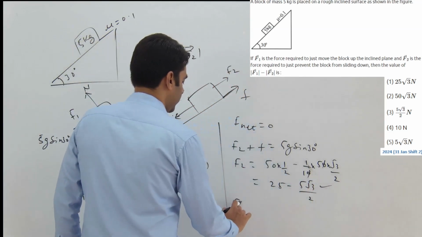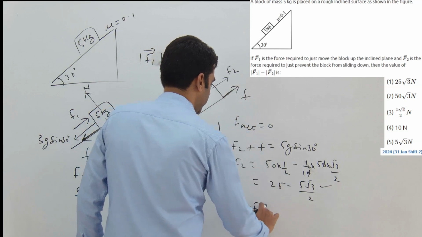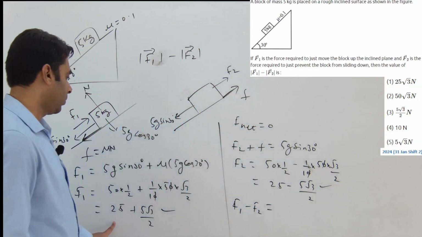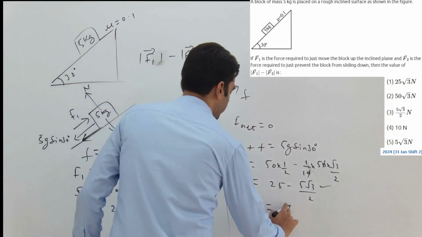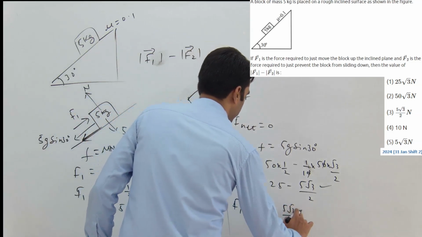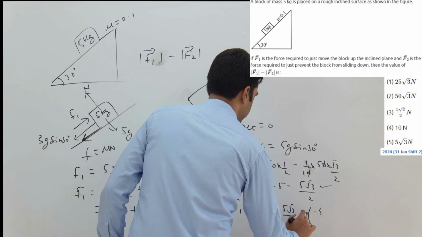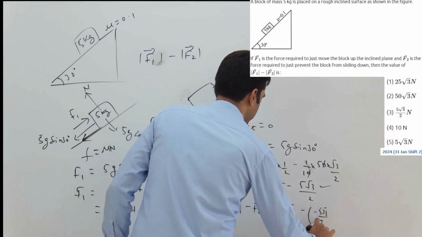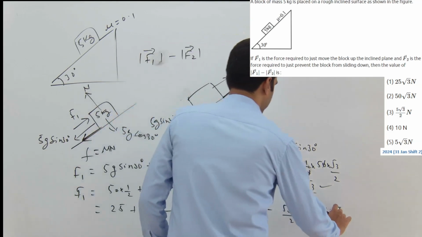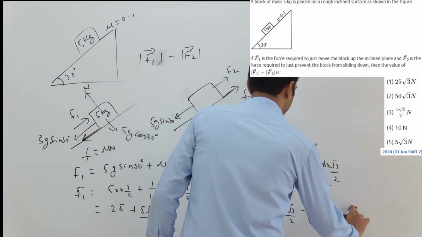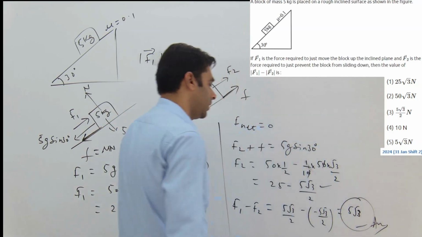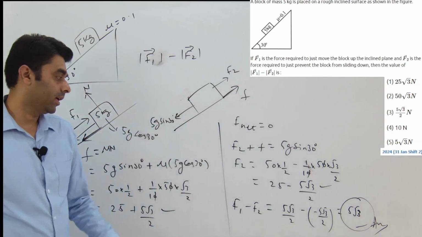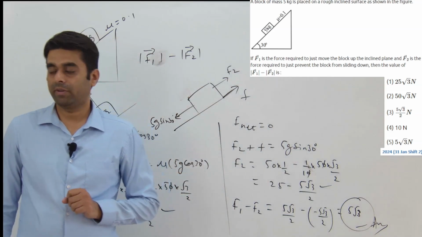So F1 minus F2 in magnitude: 25 will cancel, and this will be 5 root 3 by 2 minus of minus 5 root 3 by 2. Now this will be plus. So 5 root 3 will be the answer for F1 minus F2.